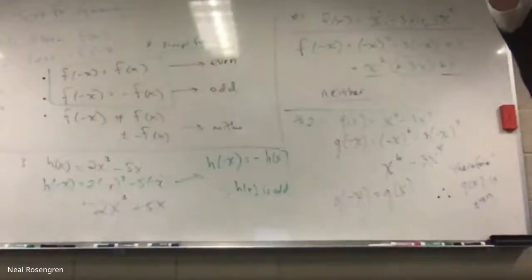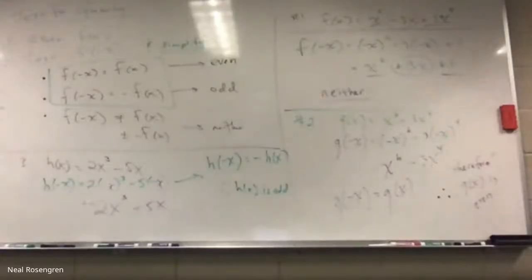Good? Mr. Rosengren? Yes, question from home. Do you have to put both f of x and negative f of x, like if the function is not symmetrical? So the question at home is for this last one. If we find that the function doesn't have symmetry, do we have to write both of those?